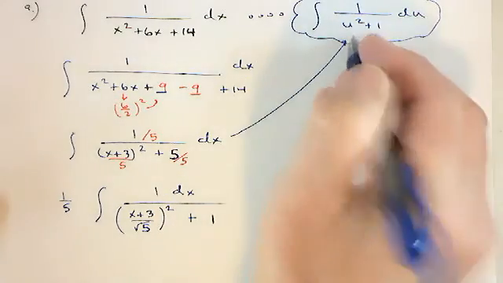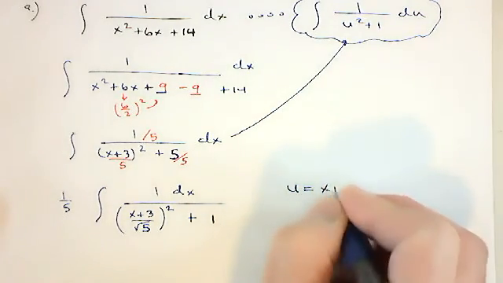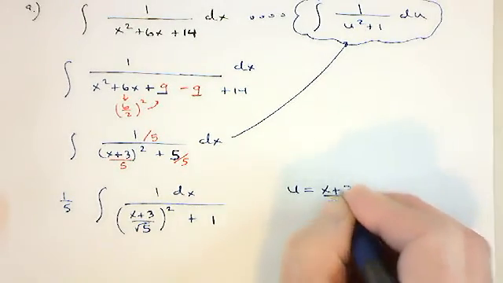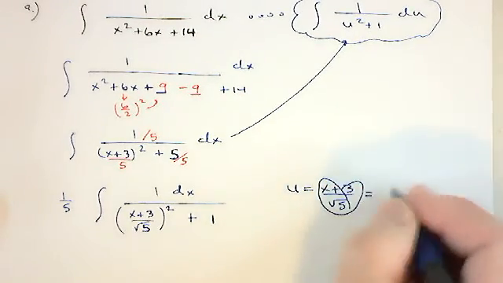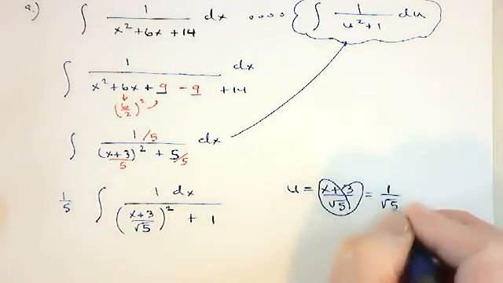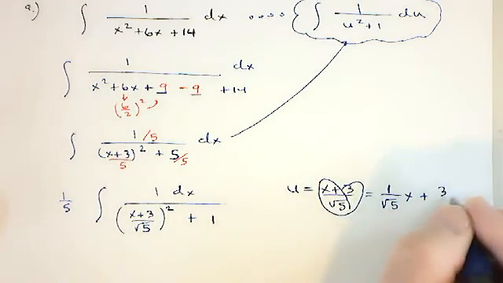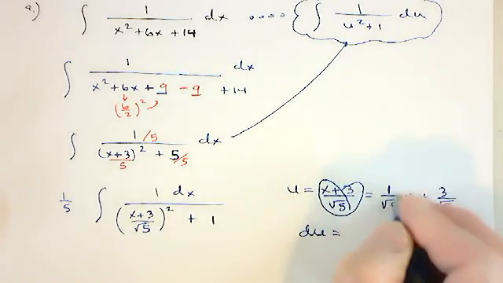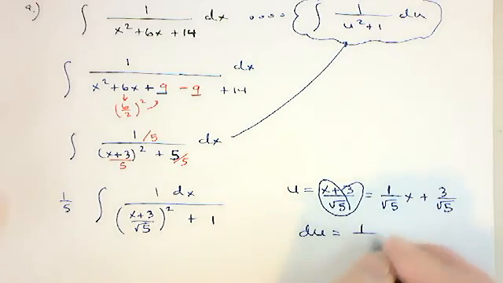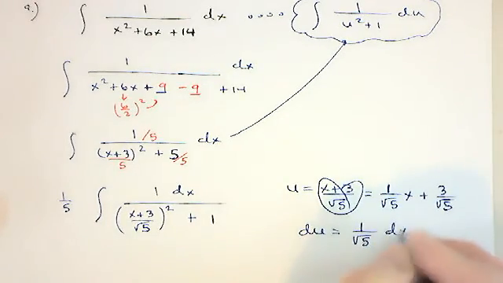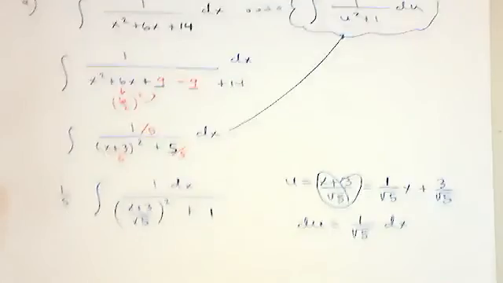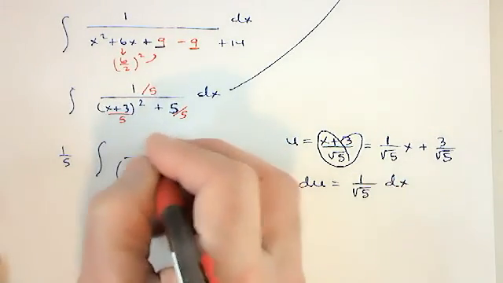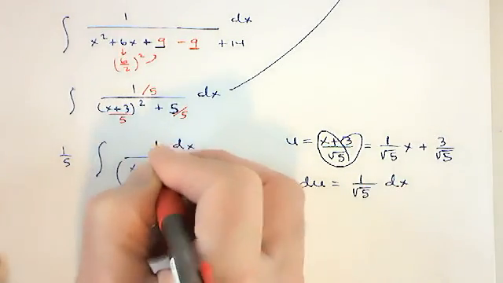So now it's got the right form if I let u equal x plus 3 over root 5, also known as, if I split this up, 1 over root 5 x plus 3 over root 5. It makes the du easier to see. The derivative of that is just going to be 1 over root 5, which I need to wish for. Right, I don't have that, so I need to wish for a 1 over root 5.